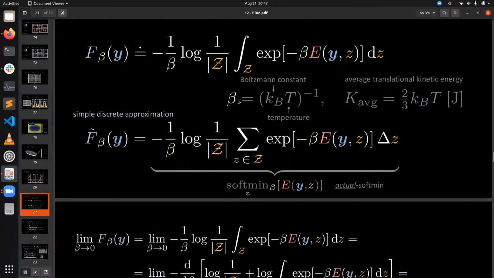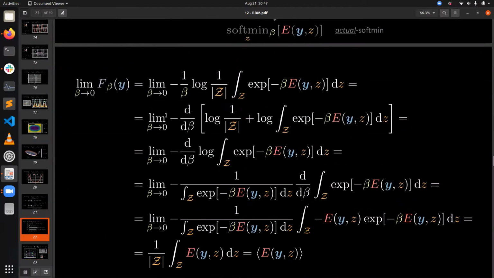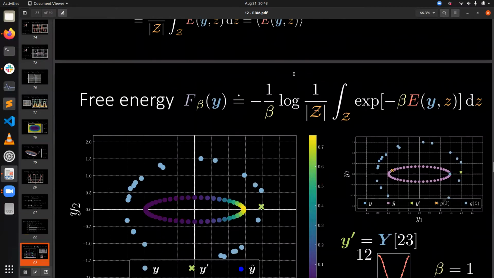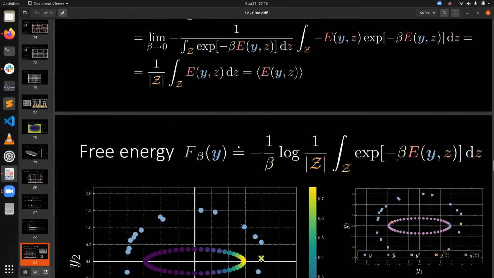And if beta is 0, when you do the calculation of the limits, what you end up with is the average of all the energies. So I think in that case, the whole concept of latent variable just breaks down. So the free energy at any point is just the average of all the energies.